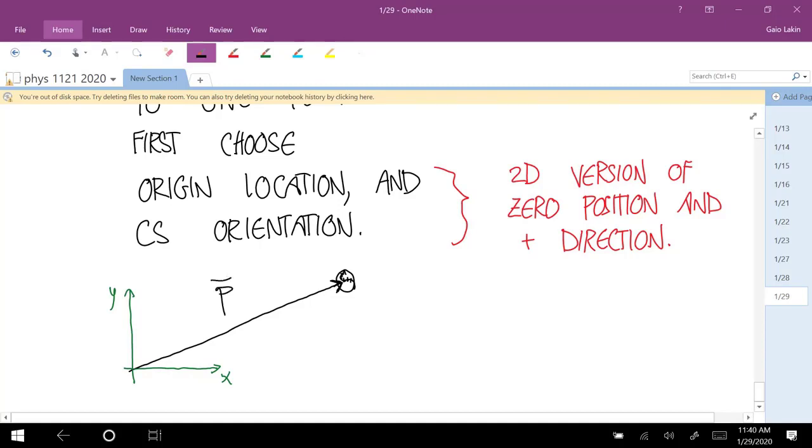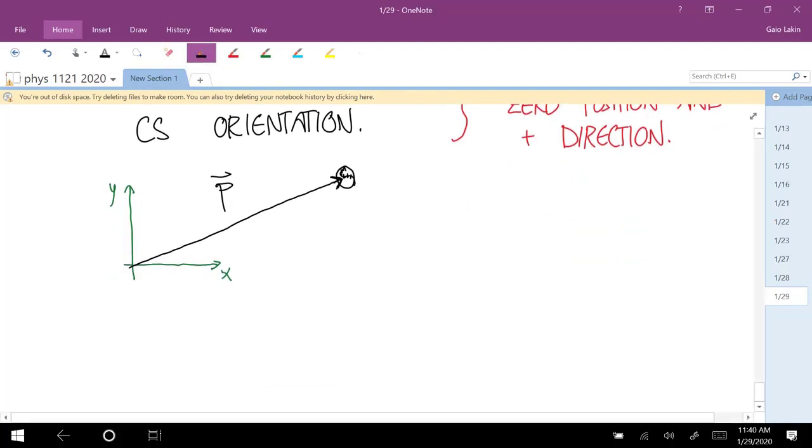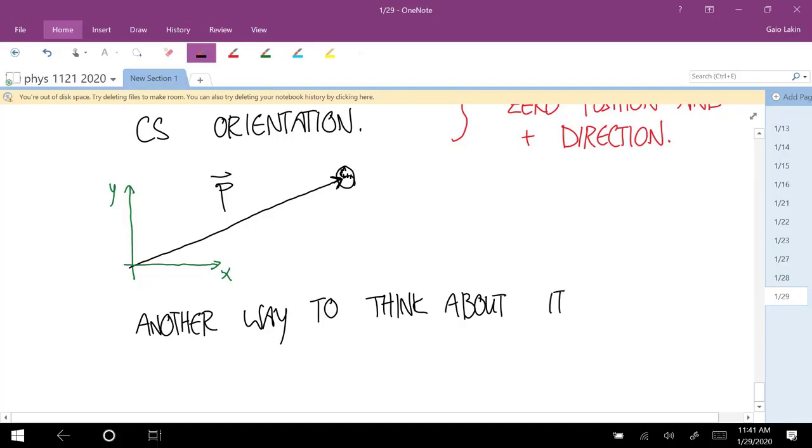So this is the position vector. Another way to think about that is that the position vector components are the coordinates of the object.